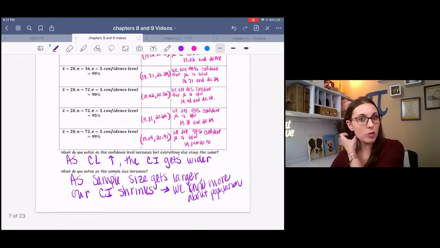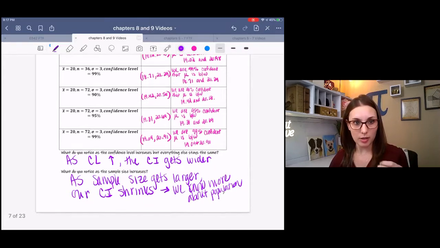We can make better inferences. When we get bigger samples, we get a better idea of what our population might look like, whereas if you have a small sample, it's probably not a great representation of the population.